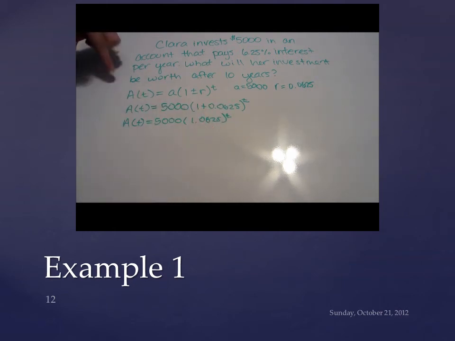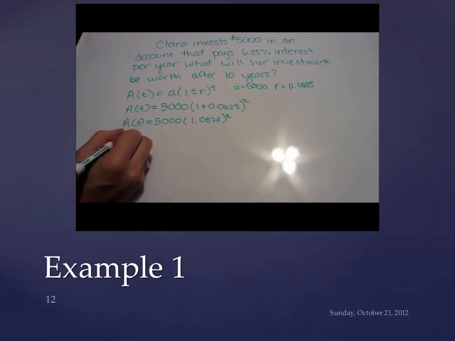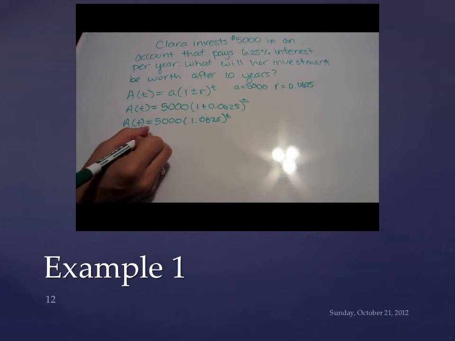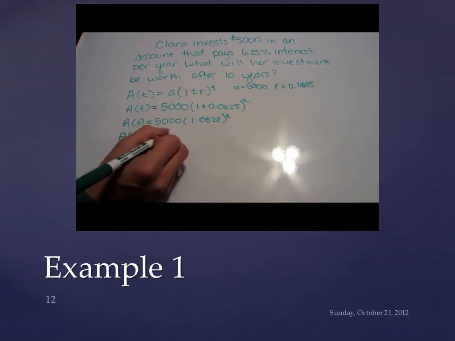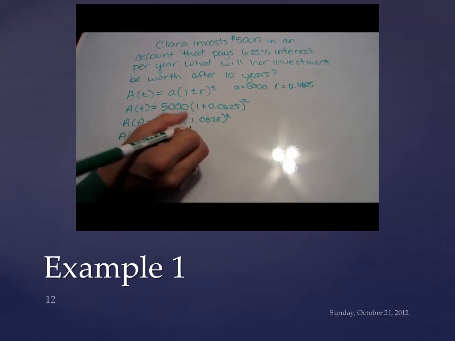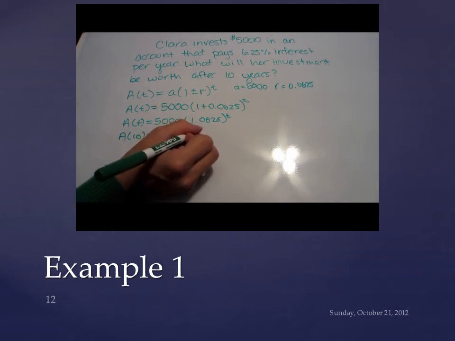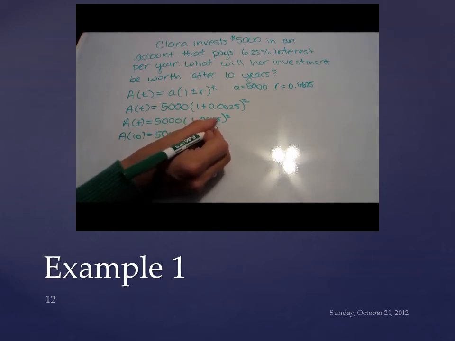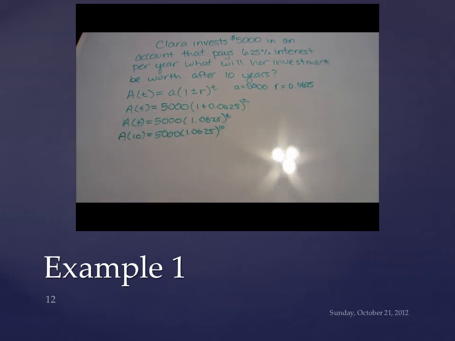Now it says we want to know how much after 10 years. So our time is 10. So A of 10 is 5,000 times 1.0625 to the 10th power.